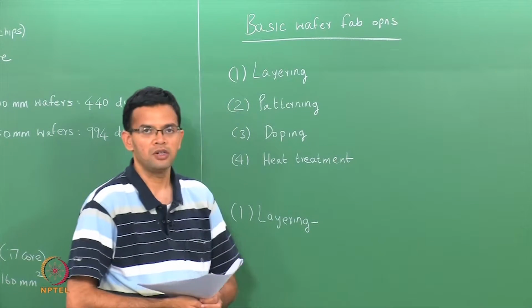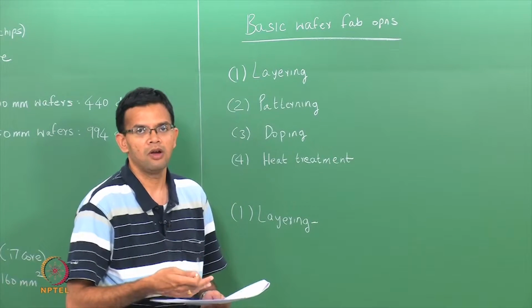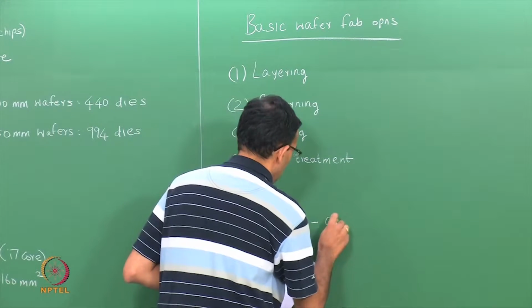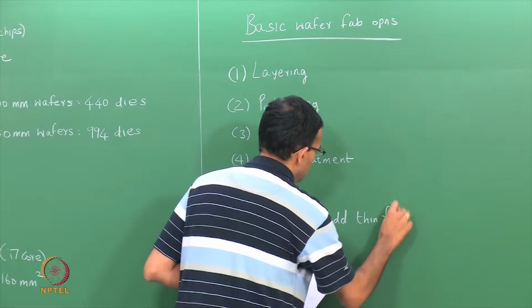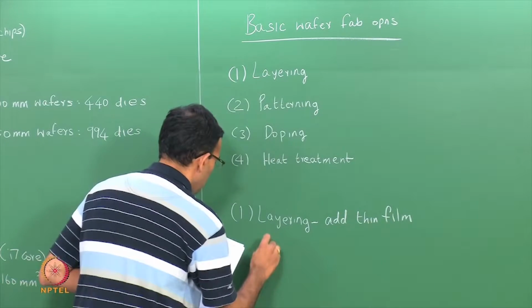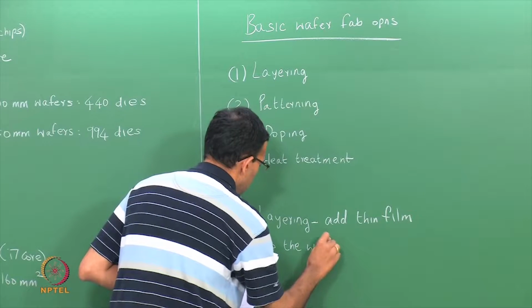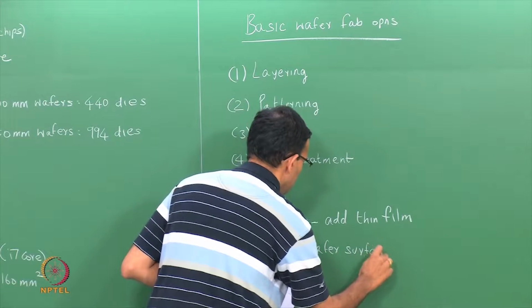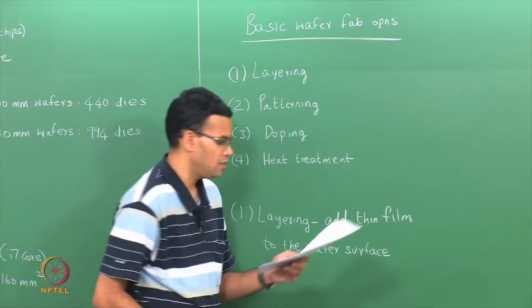So just from the term, layering means you are trying to add a layer or a thin film to the wafer surface. There are essentially 2 ways of doing this.